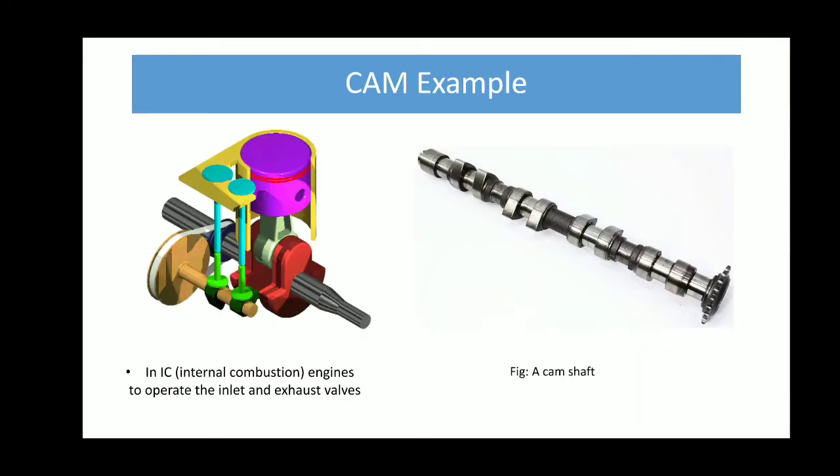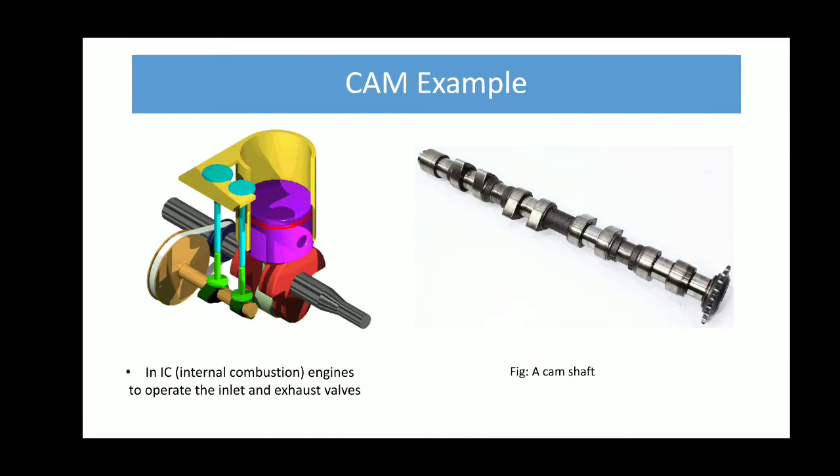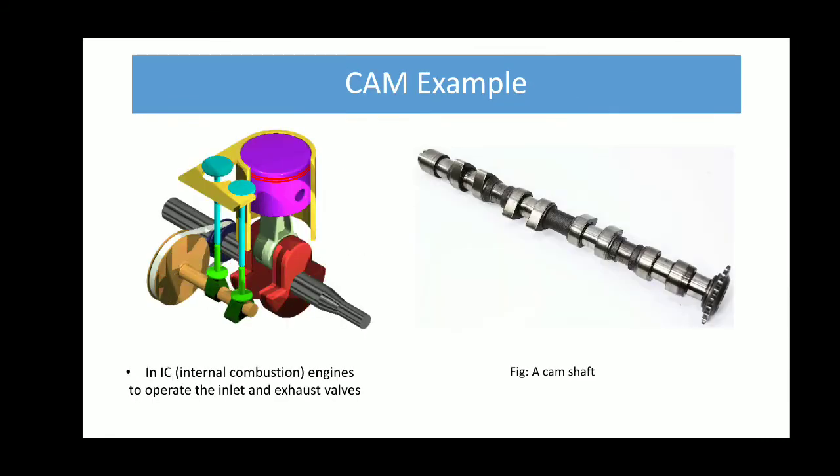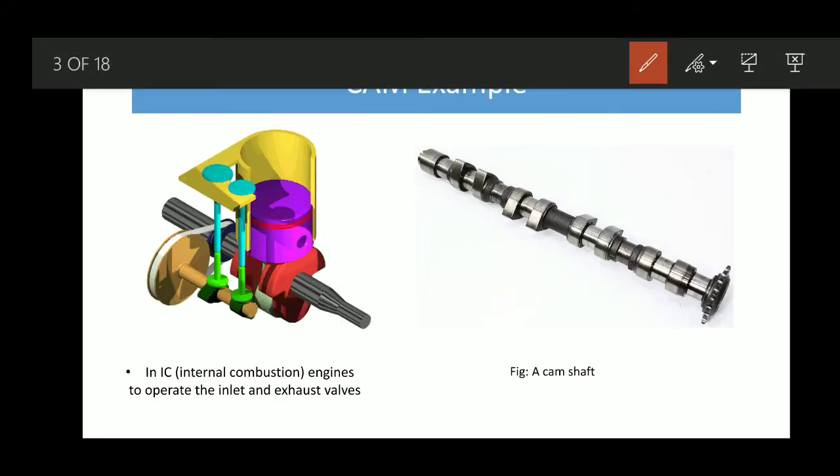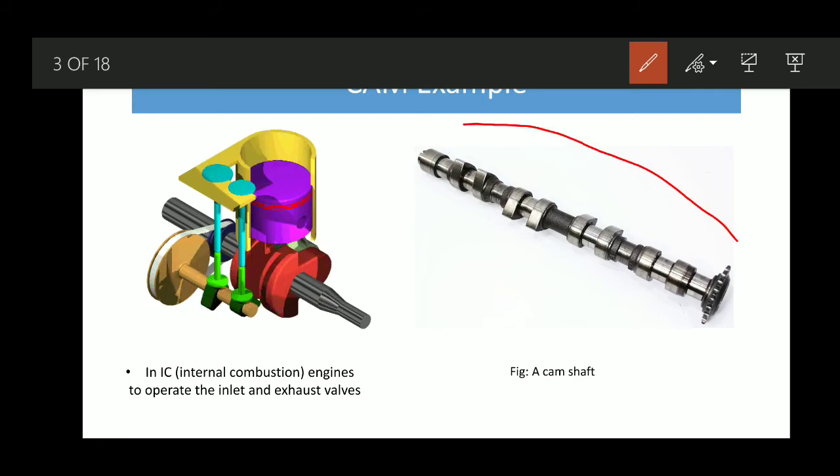Now once again you can see different cam examples. Just like in the previous case, where we saw two cams mounted on a shaft, in different cars and automobiles you can see one shaft known as the camshaft.